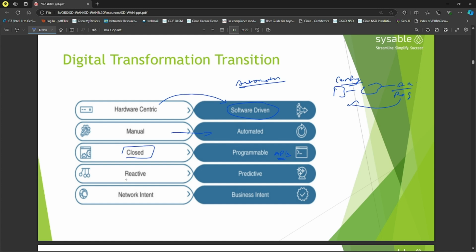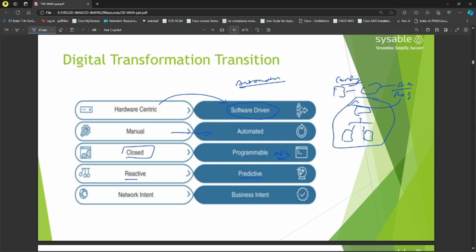Now, before it was reactive, and now we are going to the predictive. Traditionally, when I want to configure a certain type of topology, I need to have a simulation first: what is going to happen when I configure this, how is it going to act or react, how is it going to behave?